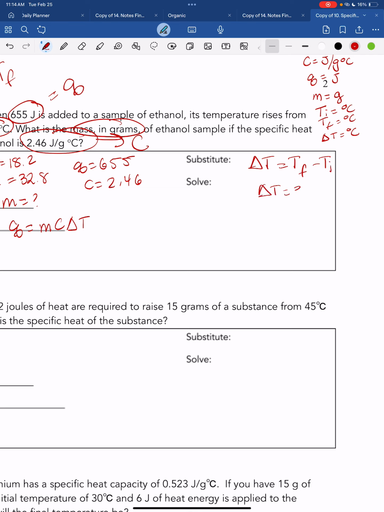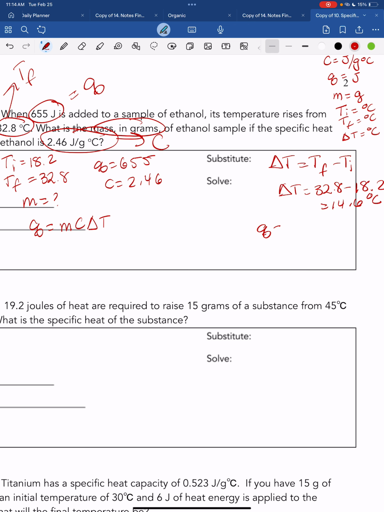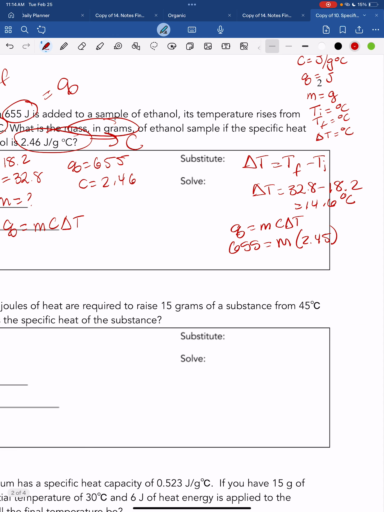So 32.8 minus 18.2, and we get 14.6. And then we can plug into our equation. We have 655, our Q, equal to mass, which we're solving for, times 2.46, our C, times our change in temperature, 14.6.